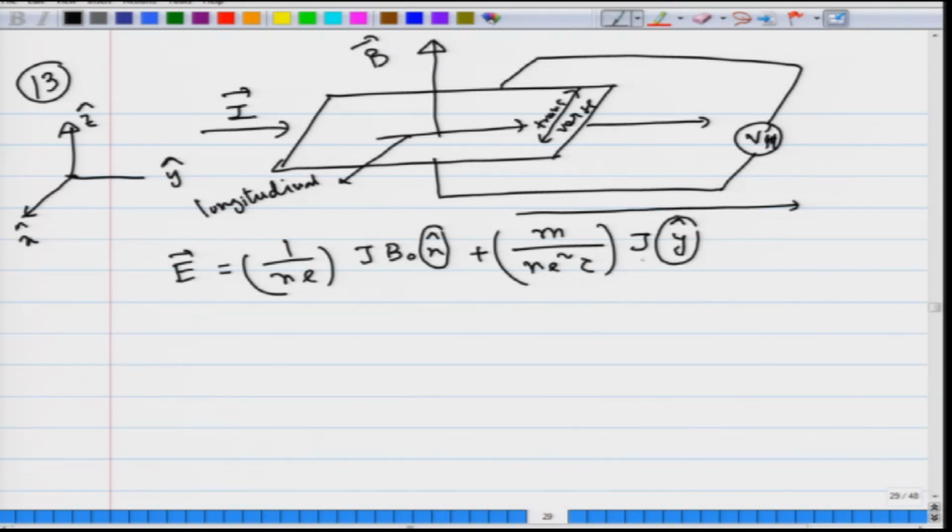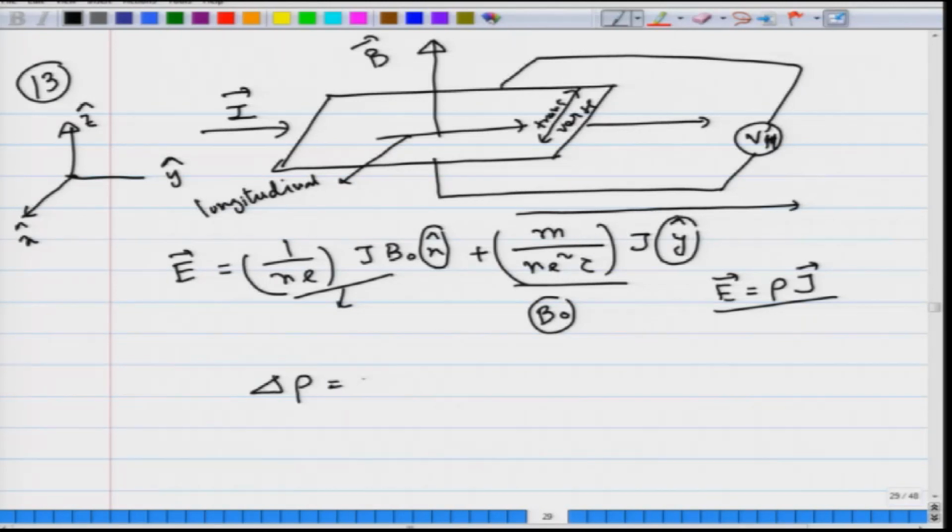Along y cap there is no B naught term, so it does not depend on the magnetic field. If we switch it on or off, it is just E equals rho J. So, there will be no change in the resistivity along the longitudinal direction, the only change will be along the transverse. So, here delta rho equals 0, but actually this is not quite correct.